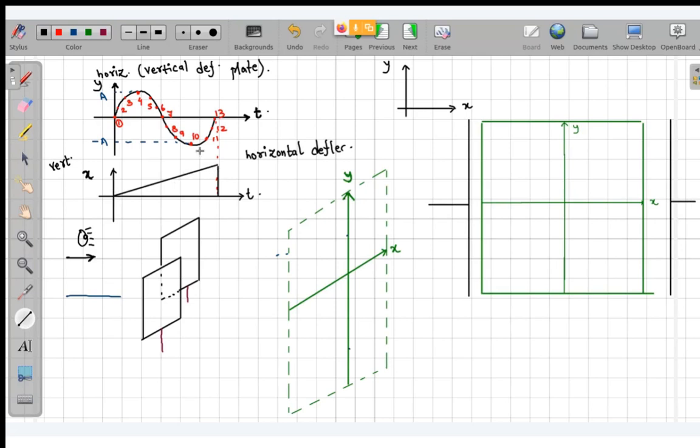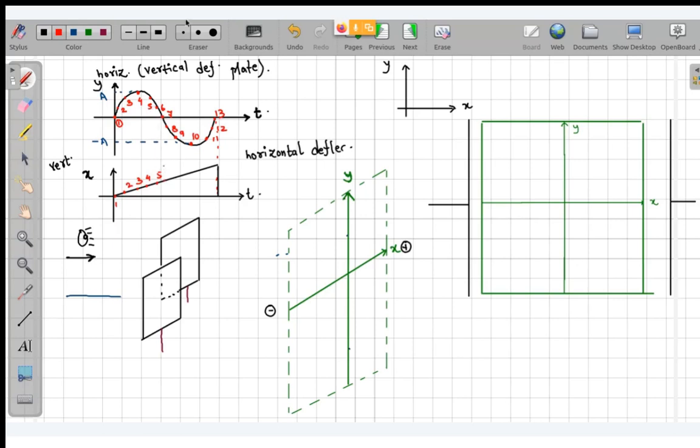So this is the x-axis, this is the y-axis, this is the positive side of x-axis. So let me write also positive side, this is the negative side of x-axis. Fine. So now you can see basically this plate, I am giving this signal.